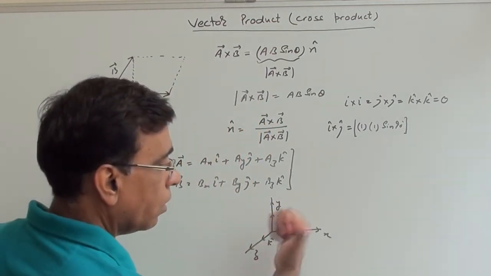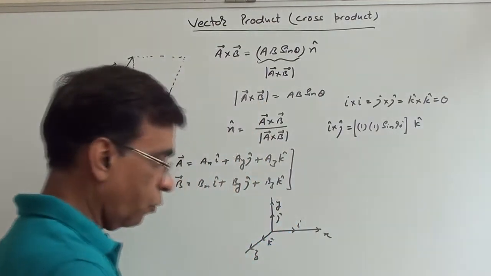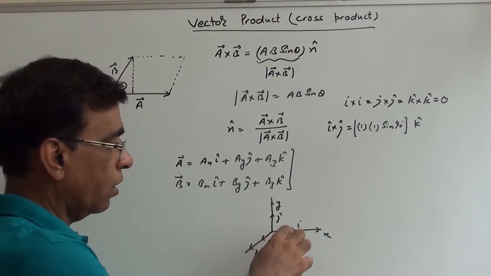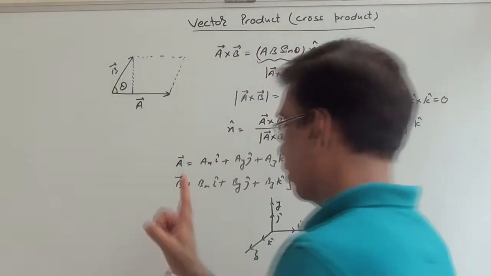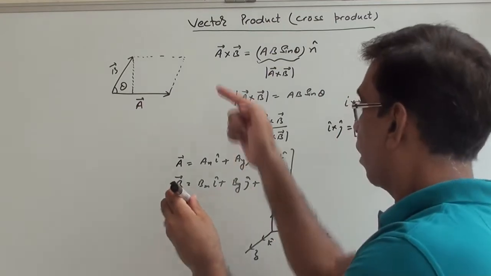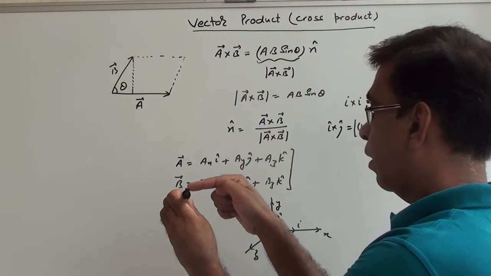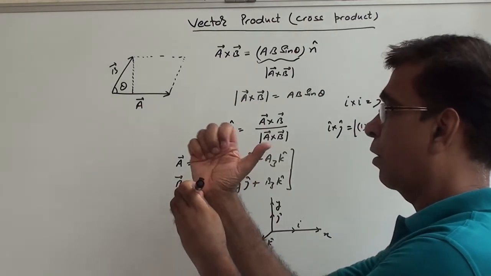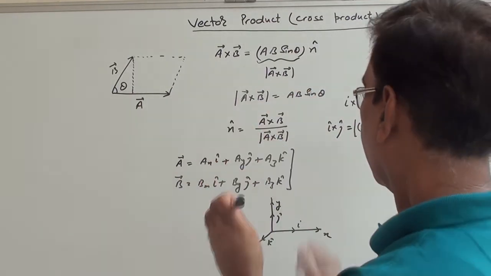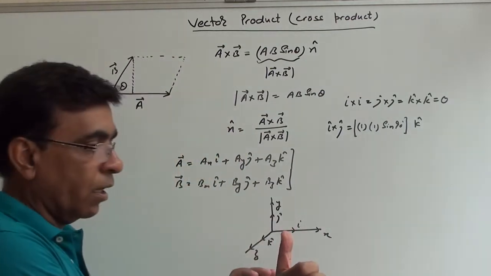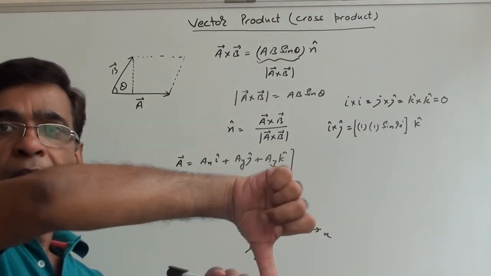So I to J is along K. If I have to find J cross I, it will be minus K. J cross K: J is this and K is this, with x, y and z, so J cross K is along I. K cross J will be minus I. Similarly K cross I and I cross K. Now you should practice all these directions.